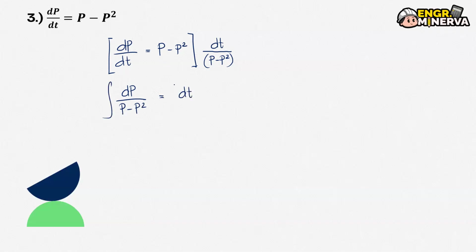And we can now integrate. In our integral of dp over p minus p squared, we can factor out p and 1 minus p.